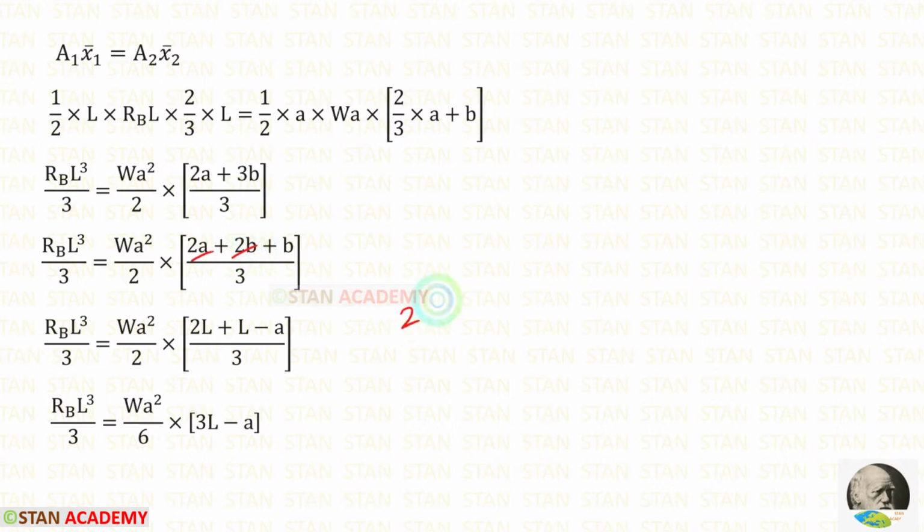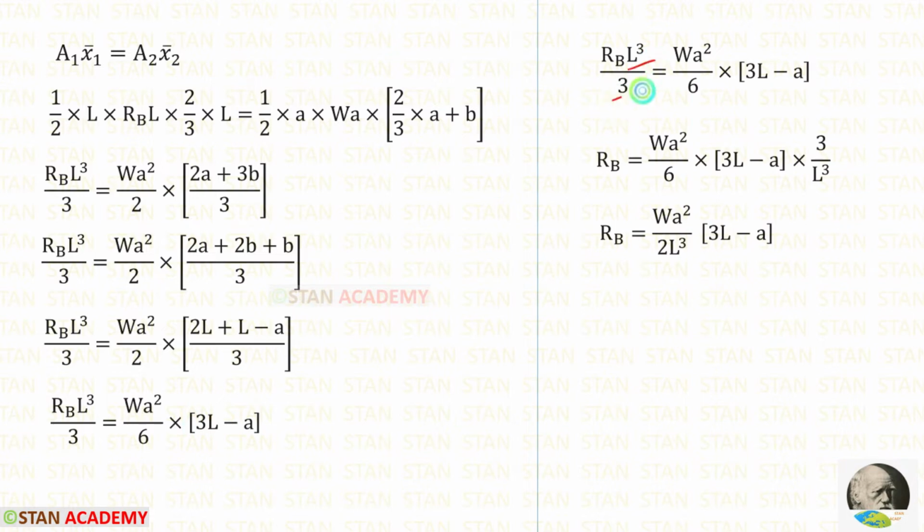We can take 2 outside. So we will get 2 into A plus B. A plus B is L. So 2L. We know that B is L minus A. Let us apply that. 2L plus L, we will get 3L. We can take L cube upon 3 on the other side. It will come inversely. 2 3s are 6. Finally, for RB, we have made an expression: W A square upon 2L cube into 3L minus A.